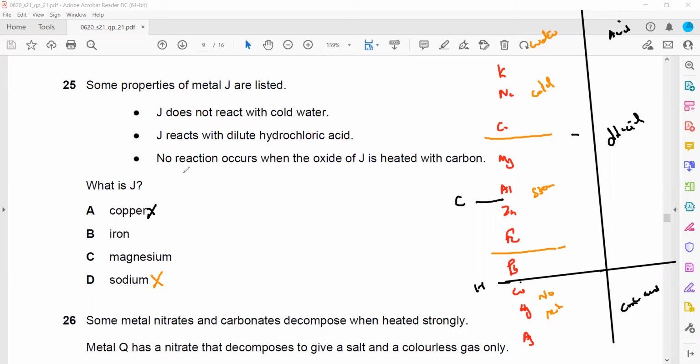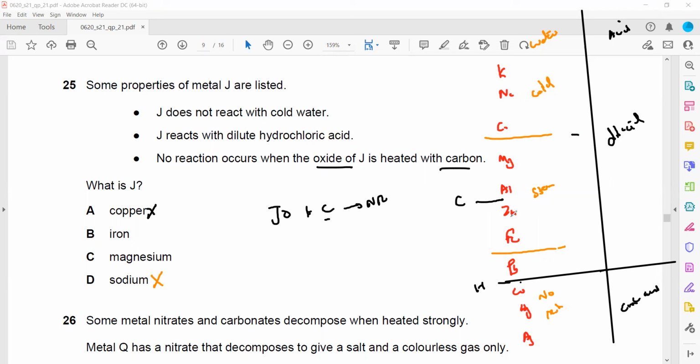Then the third one: no reaction occurs when the oxide of J is heated with carbon. So this metal is more reactive than carbon, because if I have metal J and I try to heat it with carbon, there's no reaction. It means carbon is less reactive. We already narrowed the element to between magnesium and lead from the reaction with acid, and then the reaction with carbon.